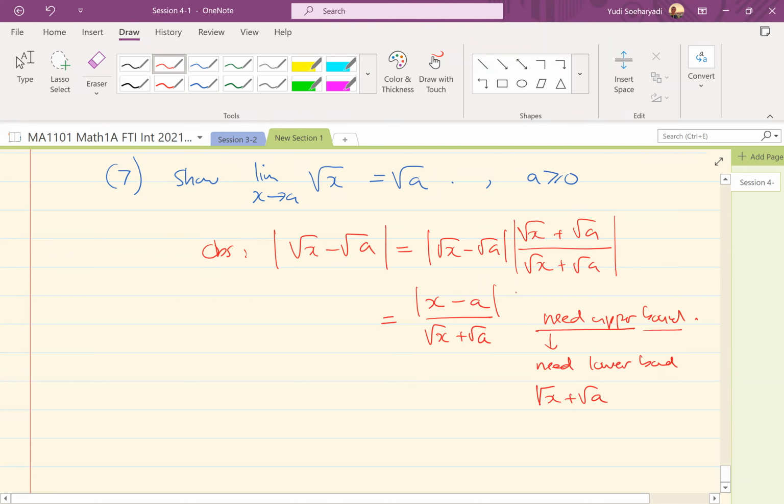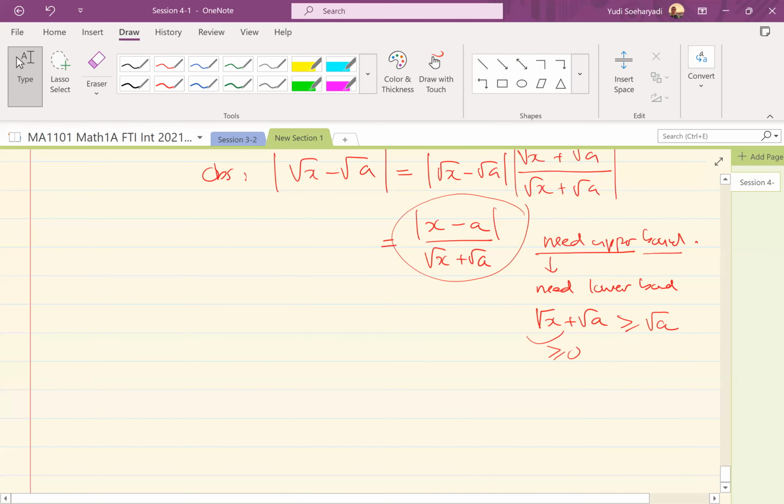Upper bound for the whole thing, and the whole thing is bigger when the denominator is smaller, right? So this could be smaller than 1 over square root of a times the absolute value of x minus a.